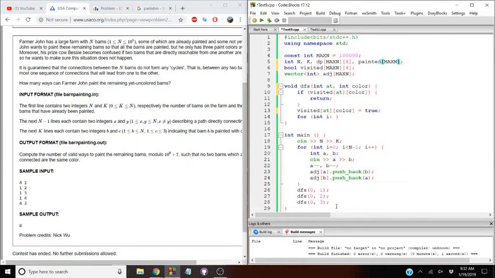Originally, I guess we'll just assume that nothing is painted. Okay, painted starts out as 0. So then we just need to read the k values of the barns that are already painted.